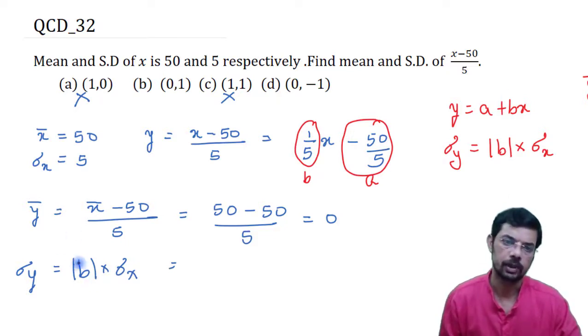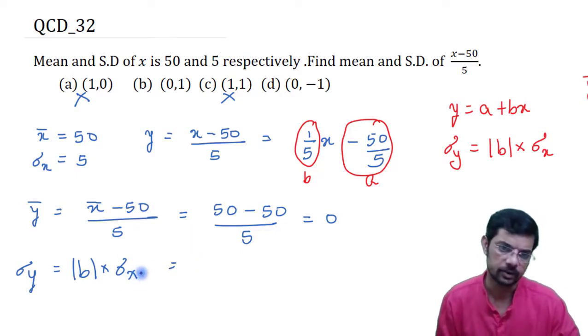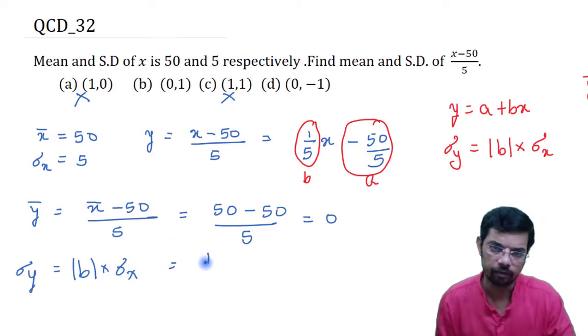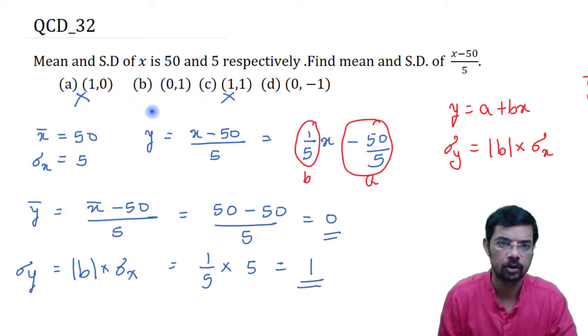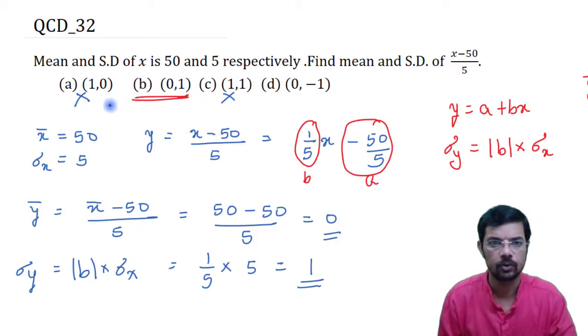So sigma y is 1 by 5 into 5, which is 1. So the standard deviation is 1 and the mean is 0. The correct option is option B, 0, 1.